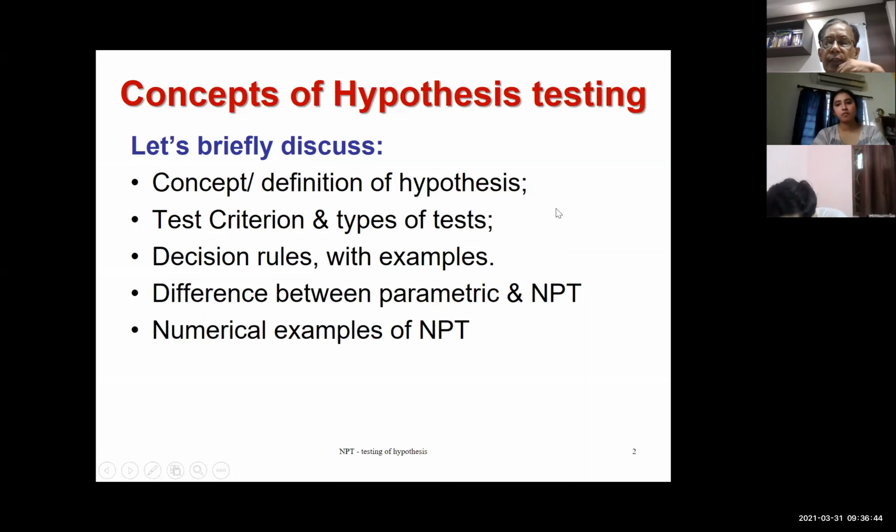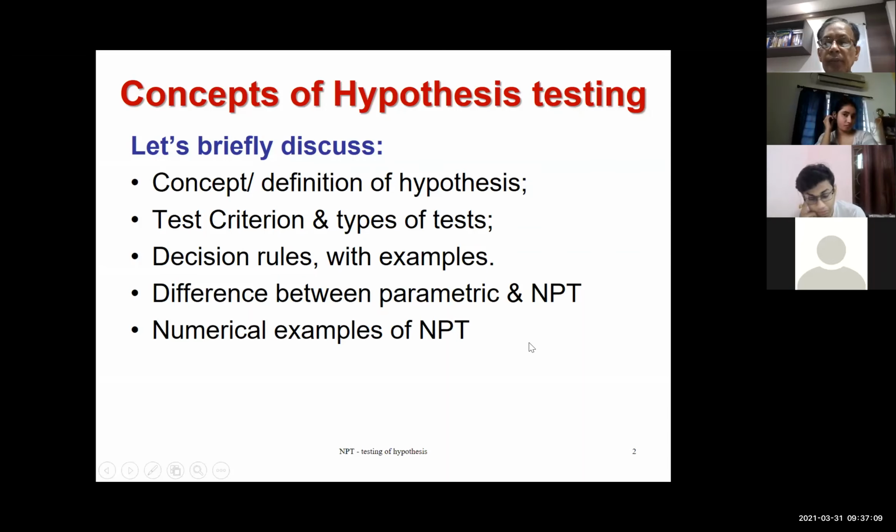And the decision rule, once we make a test, hypothesis testing, how we decide. If you recall, we reject or accept the hypothesis, and then we'll be quickly differentiating between parametric test and non-parametric test. NPT stands for non-parametric test, and we'll be solving a few numerical examples.